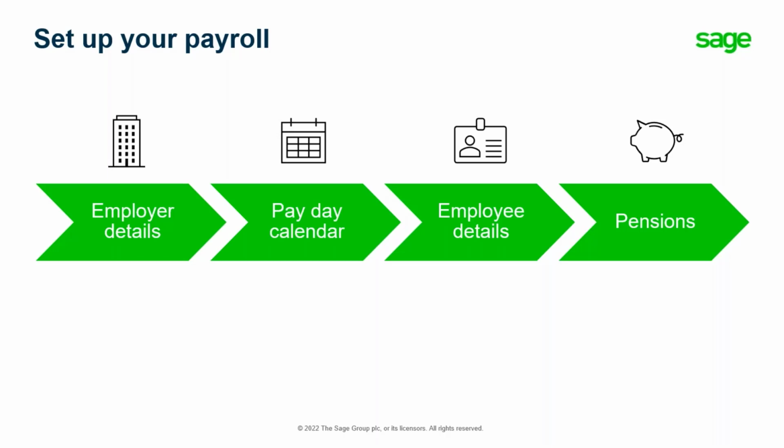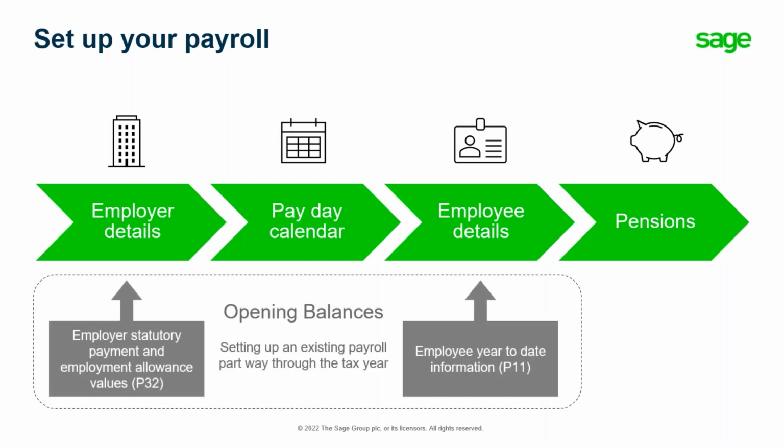So these steps are common to new businesses creating their very first payroll or existing businesses that are moving across to Sage. But if you were moving your payroll in the middle of a tax year, you would also need some opening balances. So for the employer, you would need to know any statutory payment or employment allowance values on your P32 report.